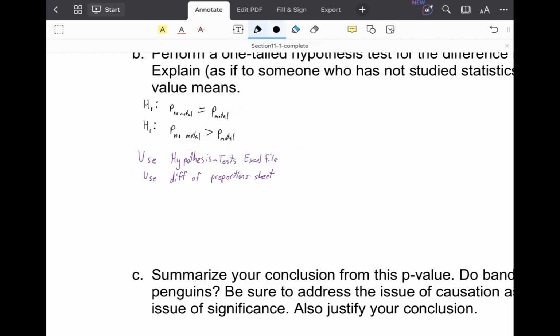And for this, we have these to fill in. And we know those are 50.